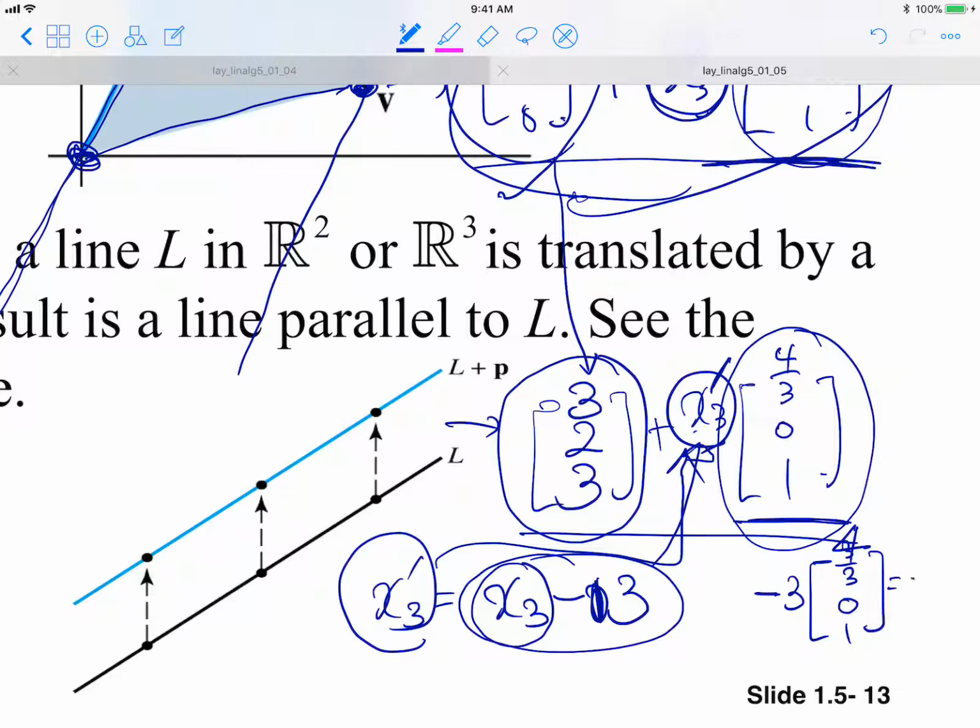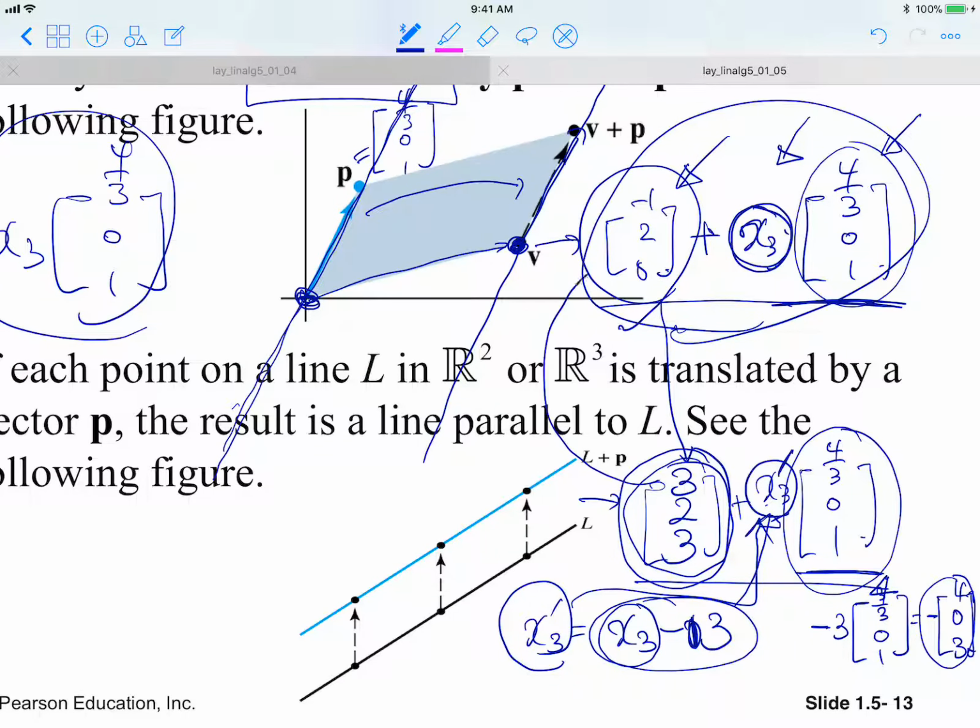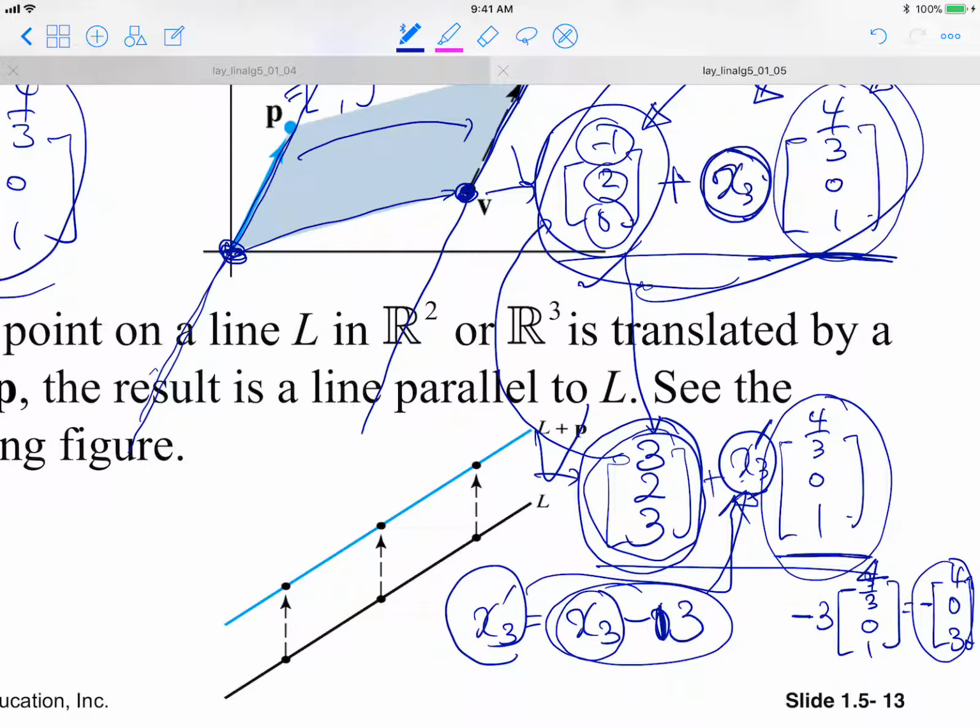That gives (-4, 0, -3), which is subtracted from this one, and the resulting vector will be (-1, 2, 0), right? So these two representations have just a small difference: x3 prime is nothing but x3 minus 3.